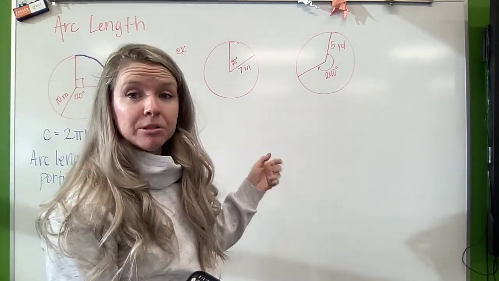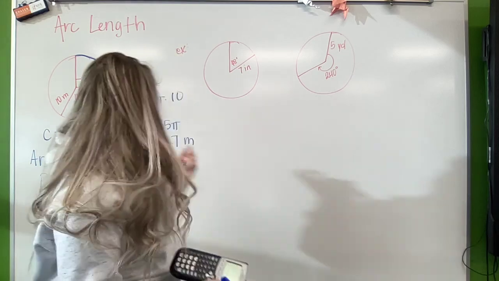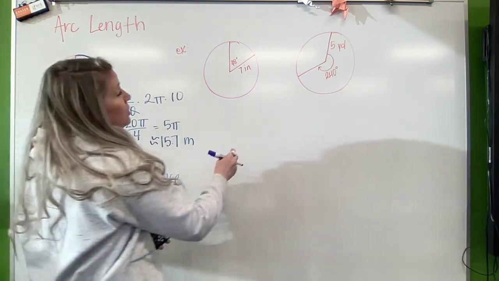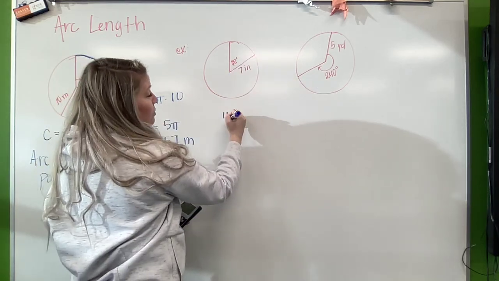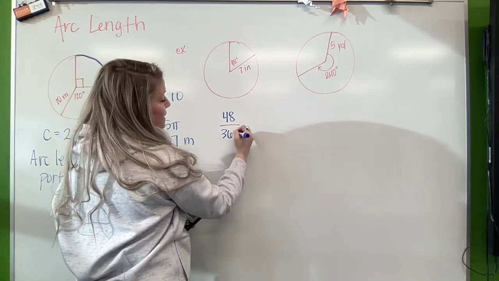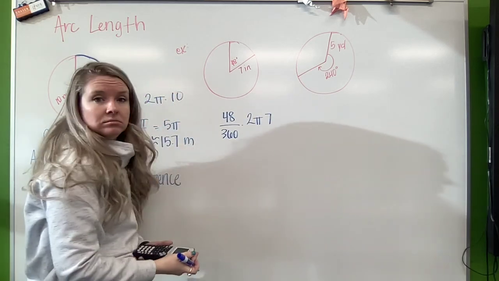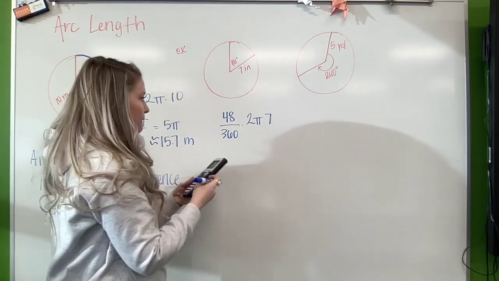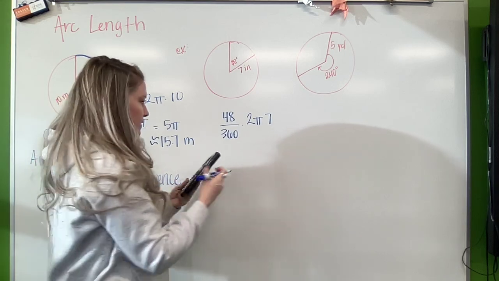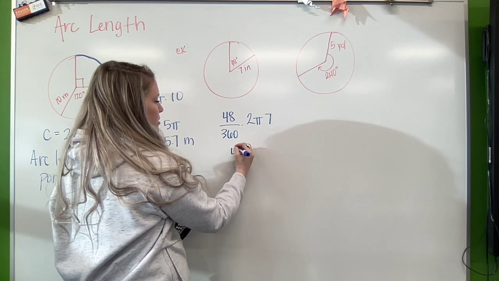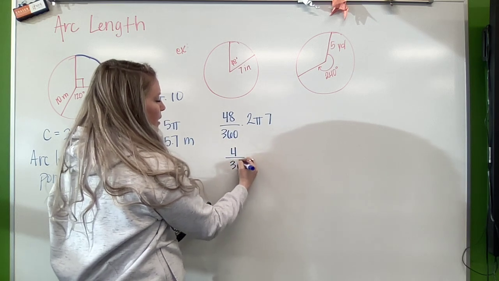So I've got two more examples here doing the same thing. They might not come out to be a nice 5 pi, but that's all we're looking for. So here I have my angle, which is 48 over 360 times 2 pi r. So 48 and 360, those are both divisible by 12. So I'm going to take that to 4 and 30.